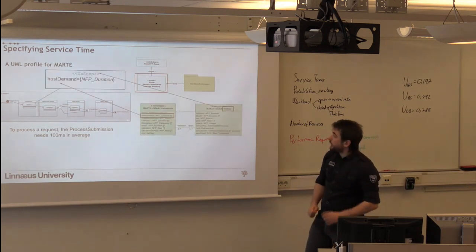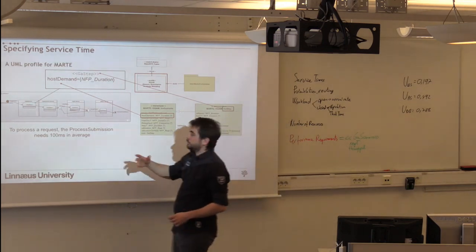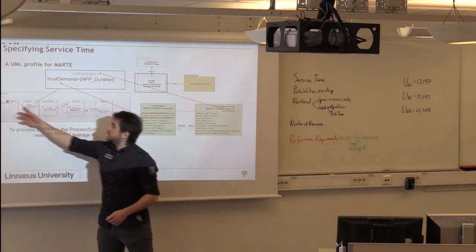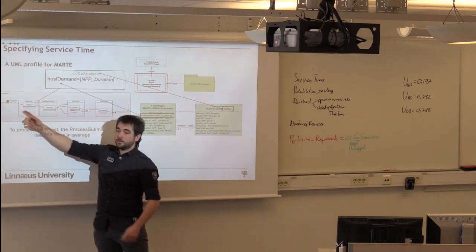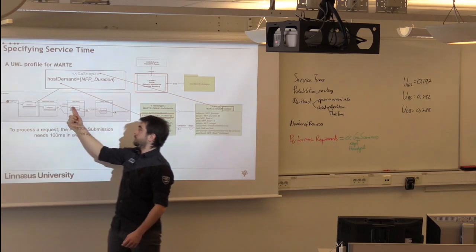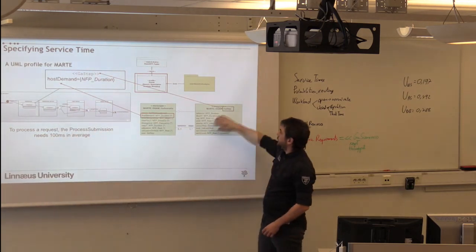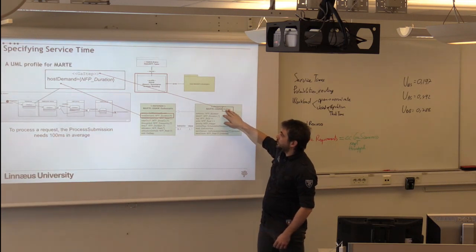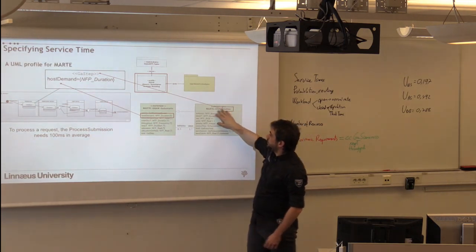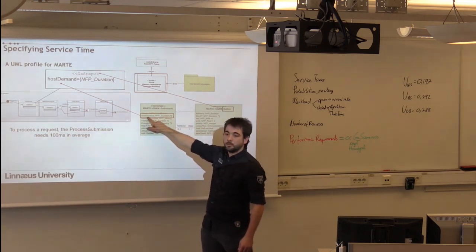There is another stereotype called GaStep. We consider that this is the execution scenario, and these are the steps. So first step, second, third optional, and then the last. This GaStep specializes from the scenario, and the scenario had host demand.